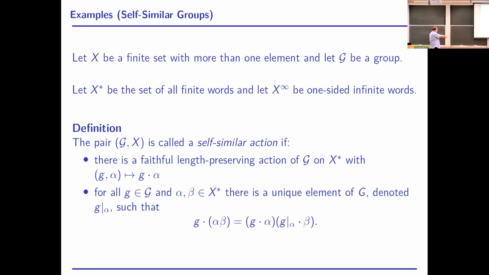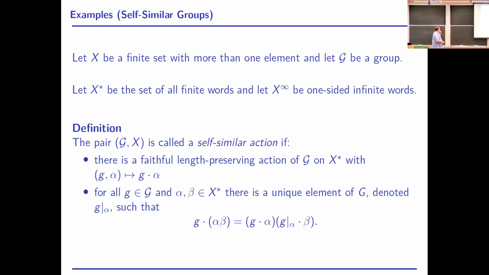So this is the price you pay by crossing through α. So g·αβ is equal to (g·α)(g|_α·β). So we can break down finite words into different group elements acting on the individual finite words.